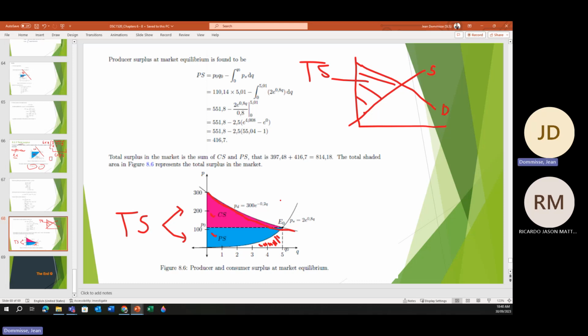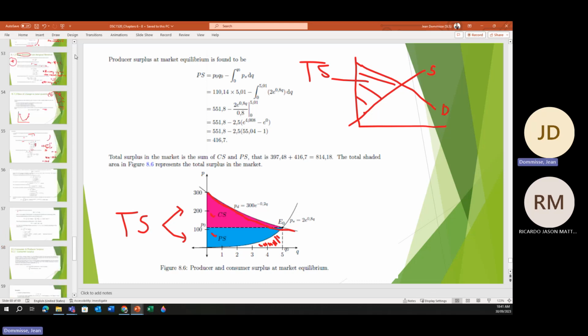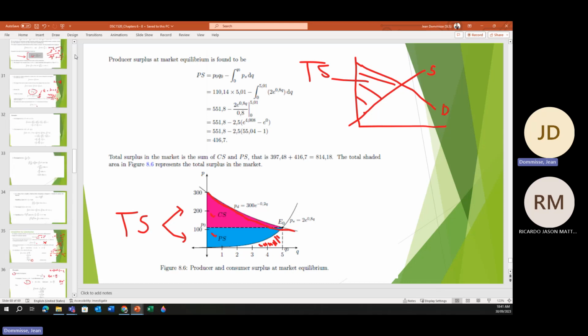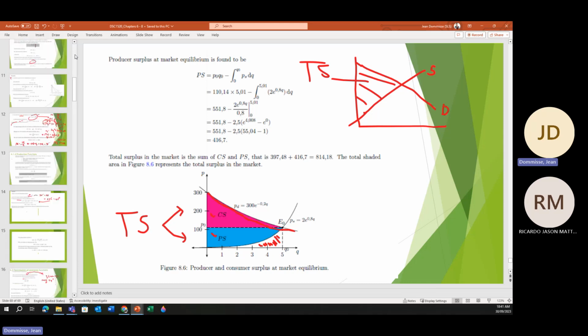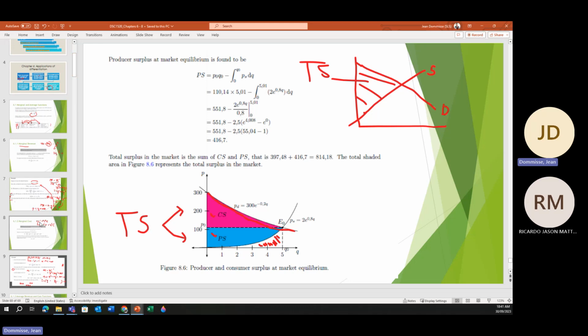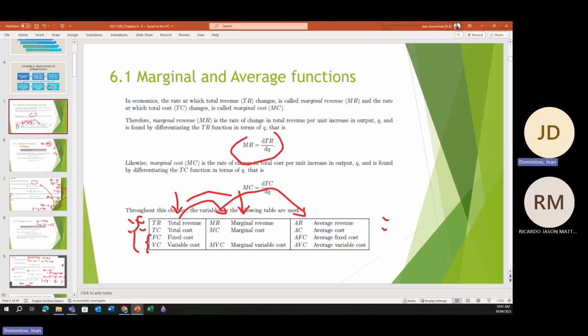For me, what is the most important for you guys to remember is at the beginning of chapter 6, so nearly looking at this curve or this table.